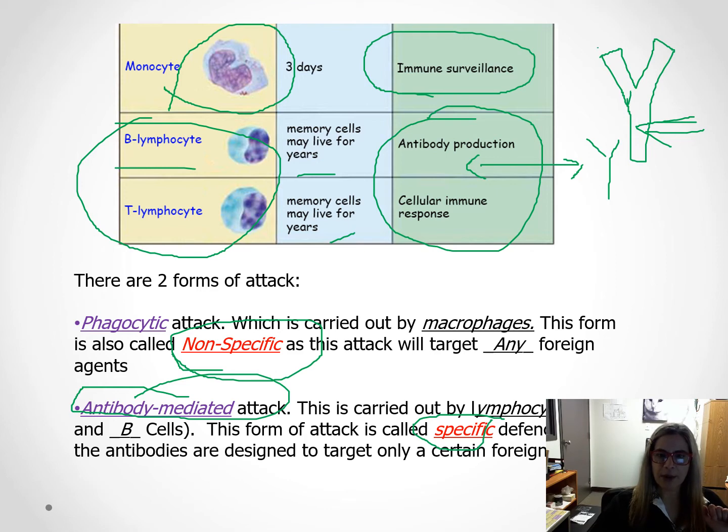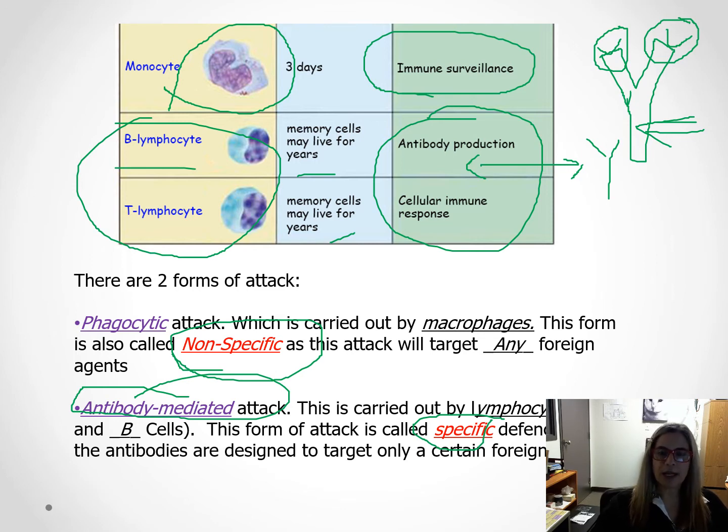But then up here, where we have the two ends of the Y shape, we have a specific region, and this region is actually shaped for a specific pathogen's protein. Okay, so it's made to attach to a specific pathogen and attack a specific pathogen, not any pathogen.